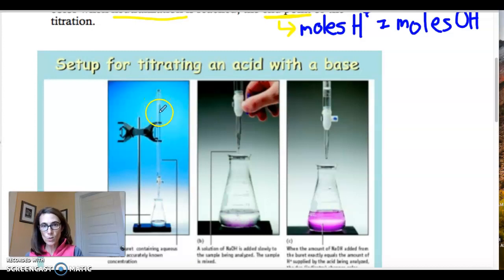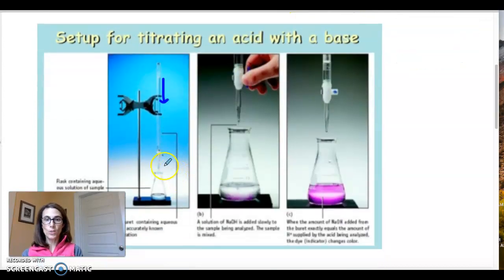As you slowly add an amount of your standard solution, because these have the little volume markings on them, just like a graduated cylinder would, you're able to read how much acid or base of that known standard solution was added to neutralize your unknown sample that you're trying to analyze in that flask.